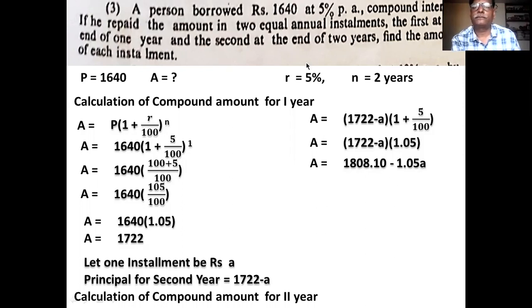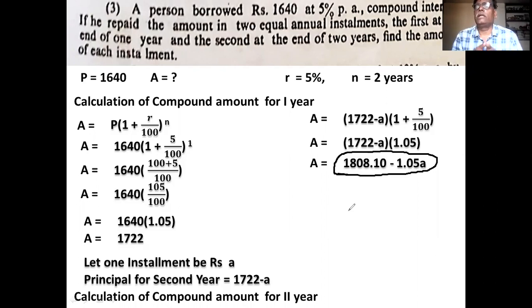This is the amount at the end of second year. Remember this. Amount for the second year is 1808.10 minus 1.05A.